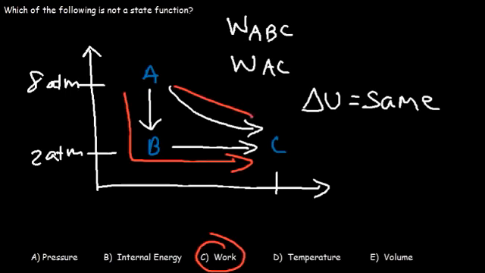If I go from A to C, at C the pressure would still be 2 atmospheres. So as you can see, pressure is a state function. It depends on the initial and final states, just like internal energy; it doesn't depend on the path taken. Whereas work and heat, which are forms of energy transfer, depend on the path taken, and so work and heat are not state functions.